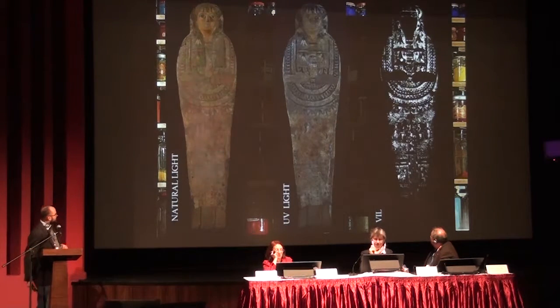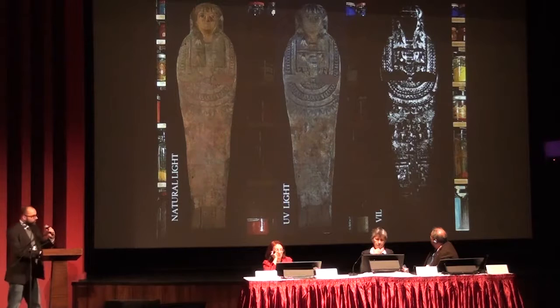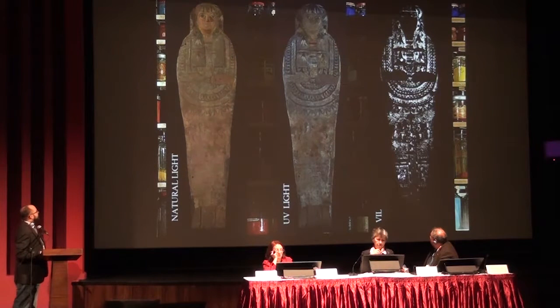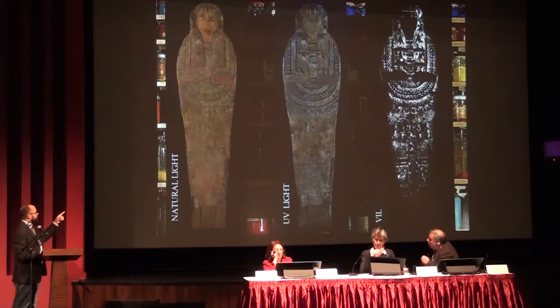This is the result. For example, here we have three photos taken with the natural light, with the UV light, and we see some features more, and then VIL. With VIL, you can see everything.